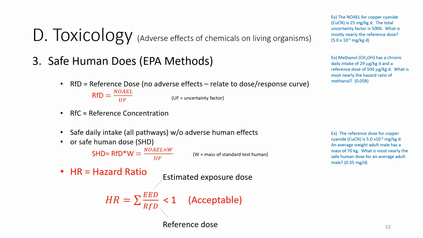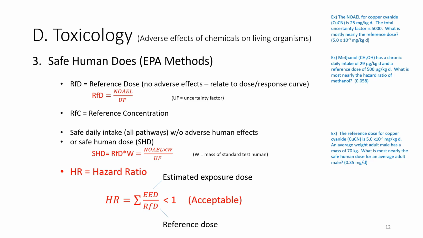The definitions of some important terms are listed here. They are shown in your FE exam handbook. First, the reference dose, RfD, is defined as the no observed adverse effect level divided by an uncertainty factor.